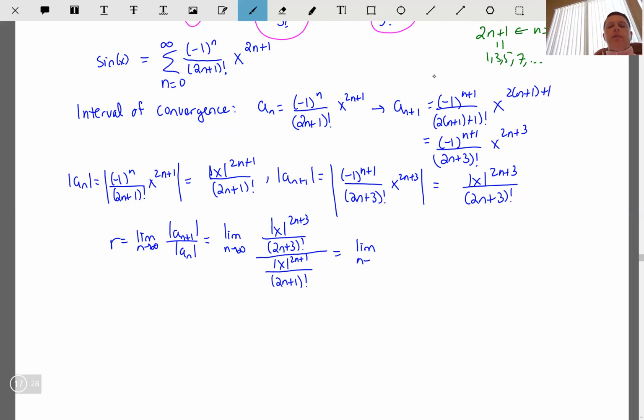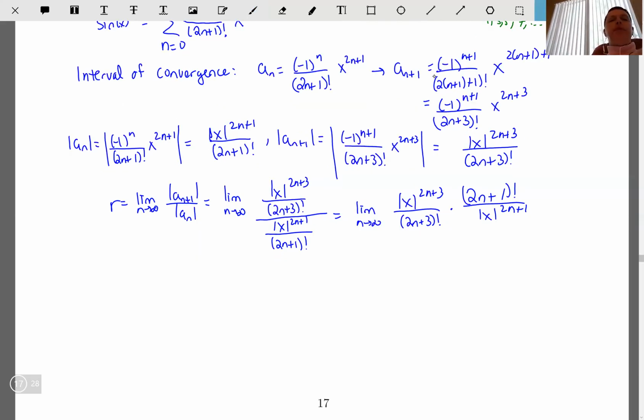So I get the limit as n goes to infinity of absolute value of x to the 2n plus 3 over 2n plus 3 factorial times the reciprocal of the thing I'm dividing by. So we get the 2n plus 1 factorial, absolute value of x to the 2n plus 1.